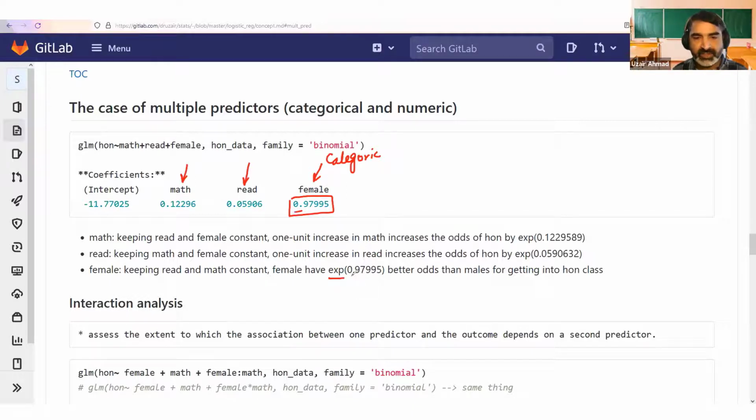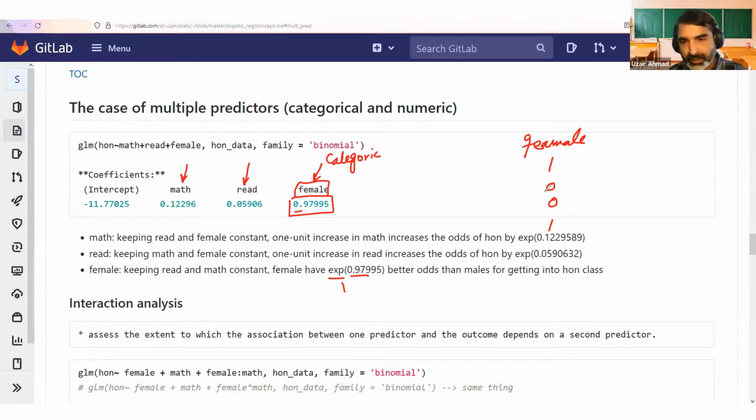We exponentiate it, we get a number, and that number represents how much more likely females are to be in the honors class. How about males? How do we calculate the likelihood for the other value of the female column? In the female column we have 1, 0, 0, 1. 1 represents female, 0 represents male.